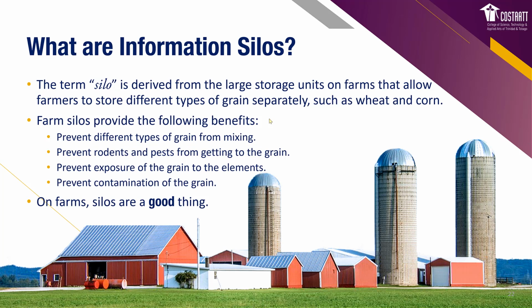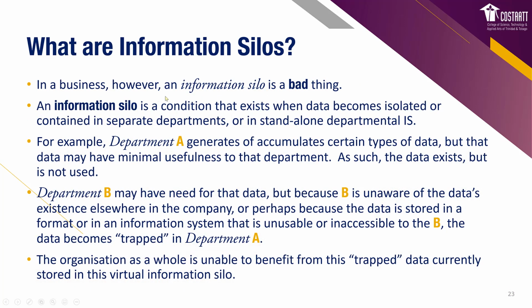But we're not taking a farming course, are we? No. We're taking an MIS course, and we're going to be dealing not with silos, but information silos. In a business, however, an information silo is a bad thing. An information silo is a condition that exists when data becomes isolated or contained in separate departments or in standalone departmental information systems.